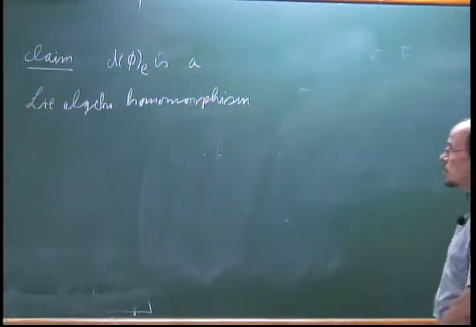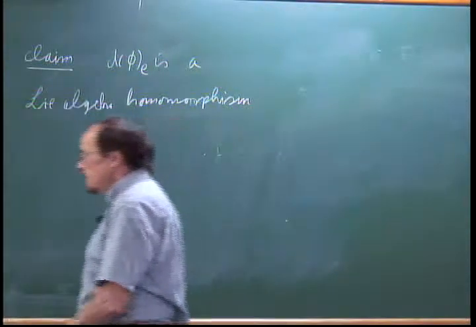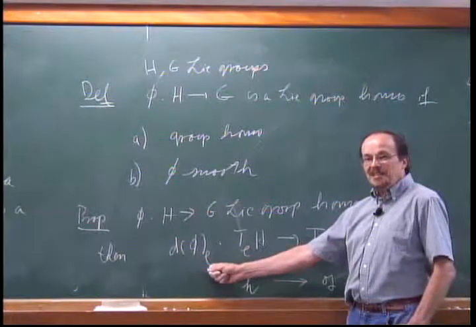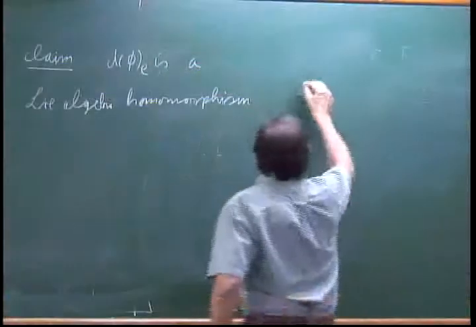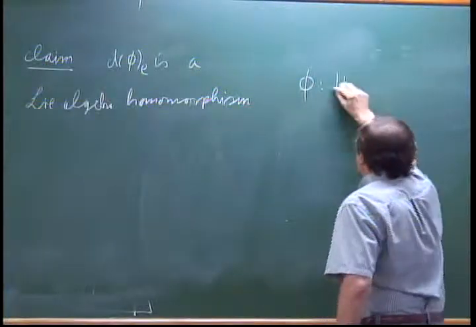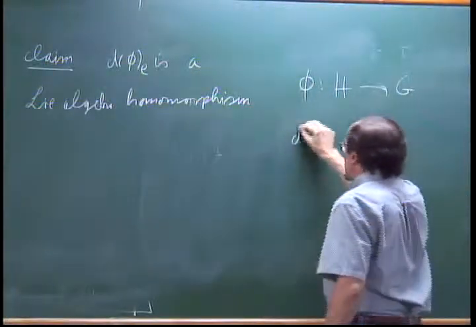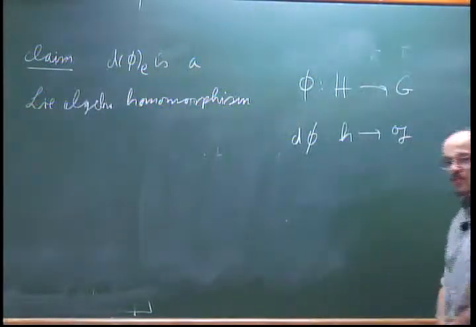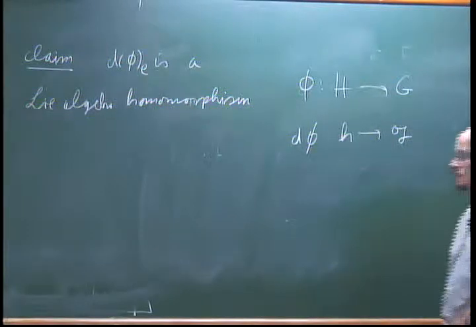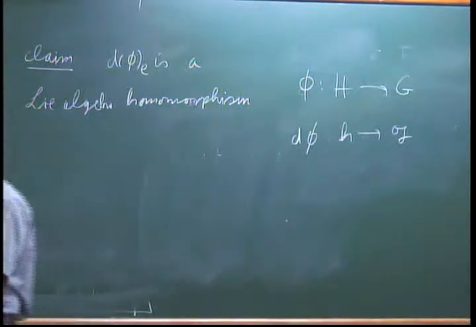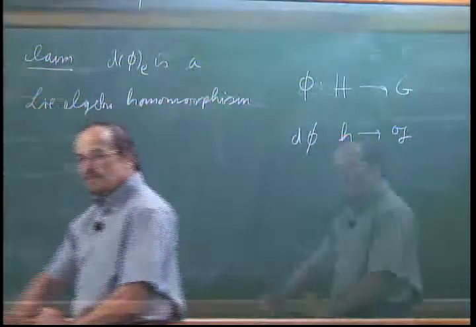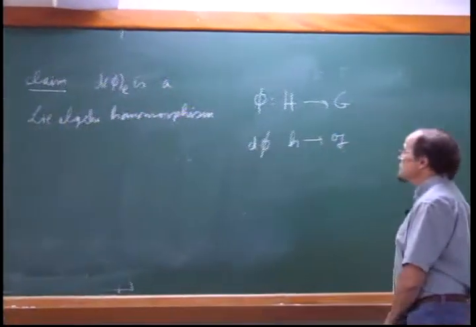And usually, I'm going to prove this in a minute, I'm going to drop the name E. So if phi is a morphism from H to G, I'm just going to denote by d phi the homomorphism of the Lie algebras. But we're going to see in a minute that this map completely determines phi. So if I know this map, then I know phi in a certain sense.